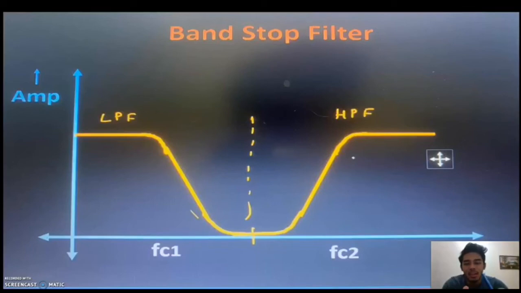It eliminates the frequency, just what I told you. Second, there are three types: low frequency, resonant frequency, and high frequency. There are applications in medical, in radio, where we use bandstop in our daily life.